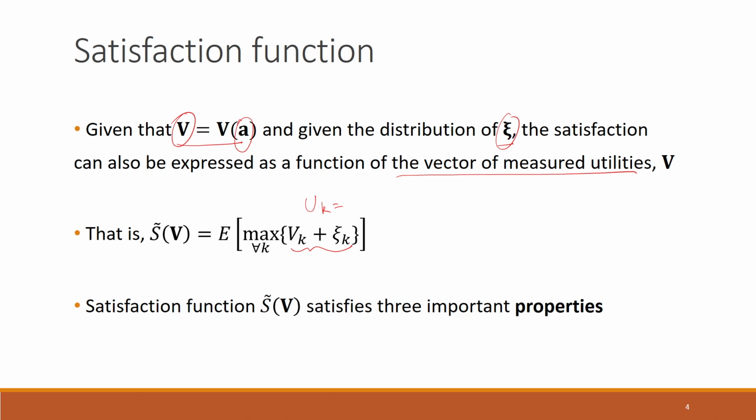Now, we will be stating some important properties of the satisfaction function. Although we will not be looking at the derivation of these properties, it is important to mention them because these properties also define the properties of the objective function of the stochastic user equilibrium formulation that we will see later.